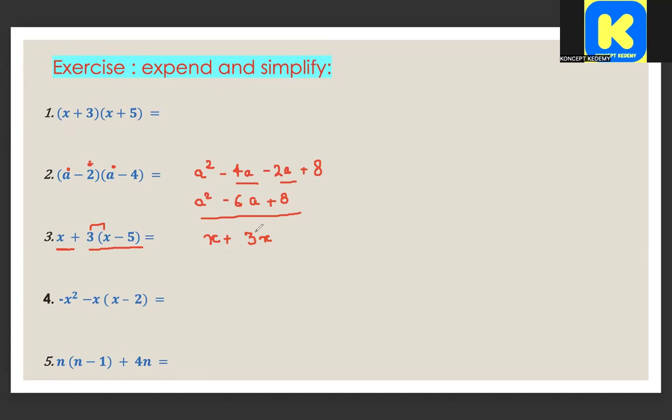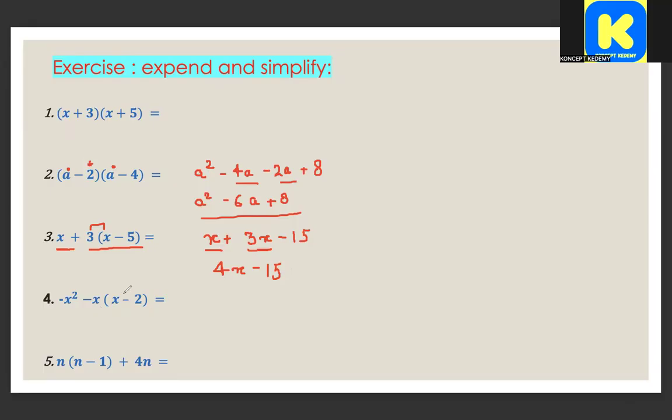This is plus, this is minus, plus times minus is minus, 5 3s are 15. So now we have x plus 3x minus 15. We have two like terms, x plus 3x, which is equal to 4x. So 4x minus 15 is the final answer for this question.